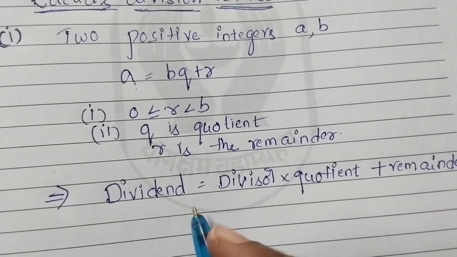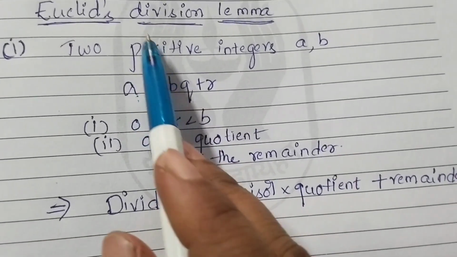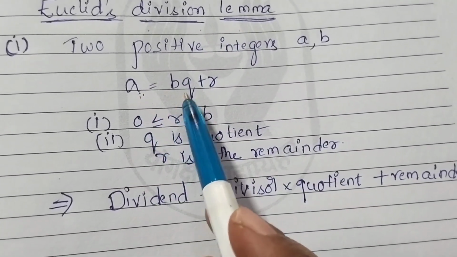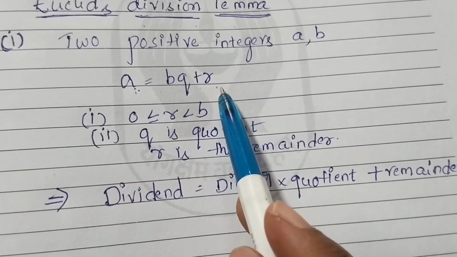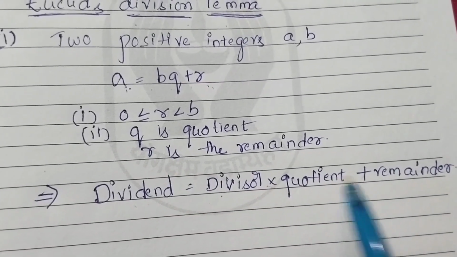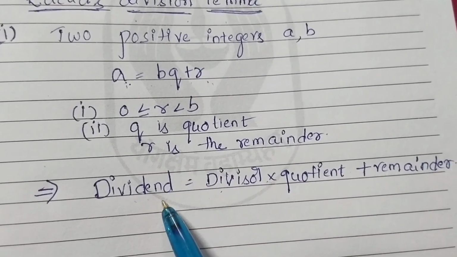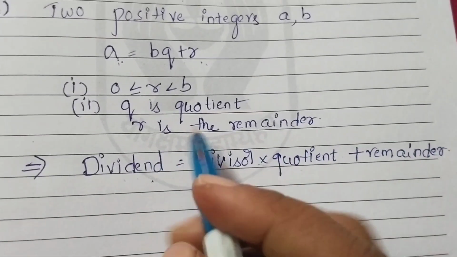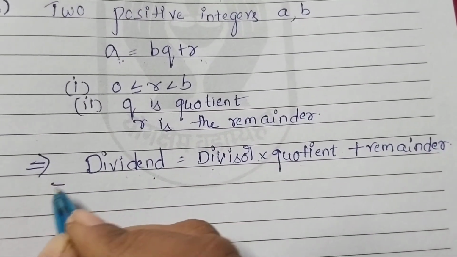Nothing but Euclid's division lemma, they have given one statement like a is equal to bq plus r. I am comparing this because we already know this, right? If I explain in this manner, you can simply remember it and you will never forget it. So I'll explain with an example.